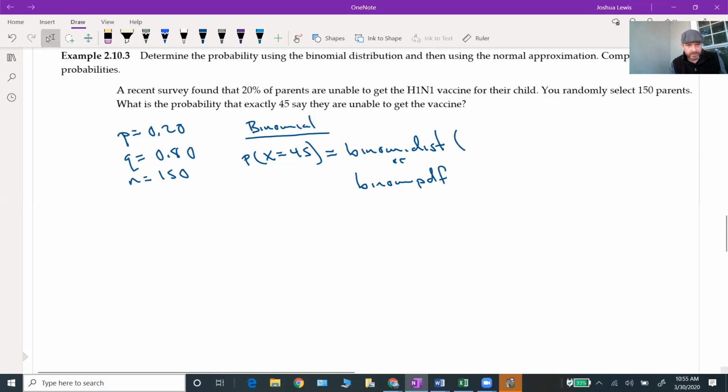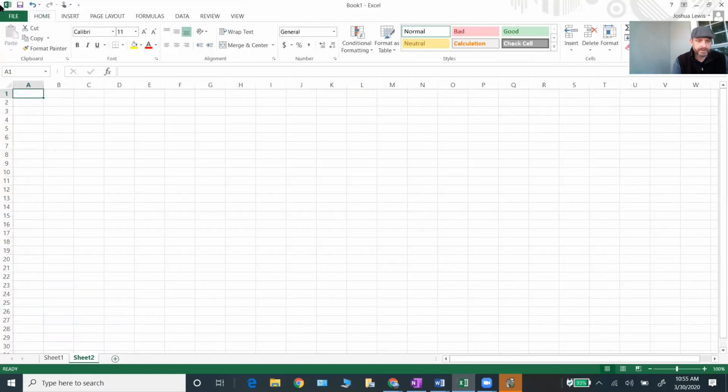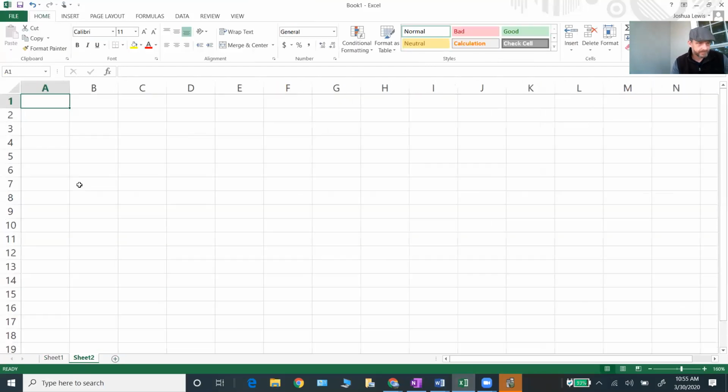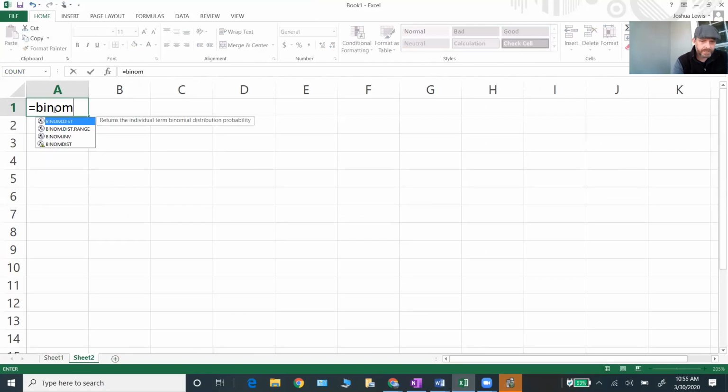So equals binom dist. The number is 45 successes, 150 trials, and the probability of success is 0.20.